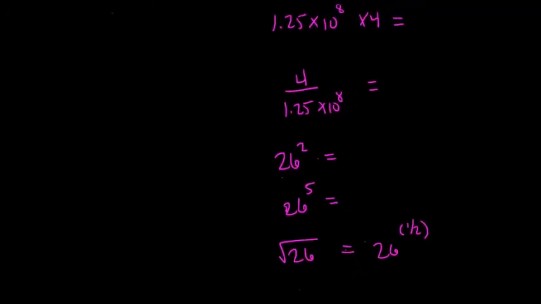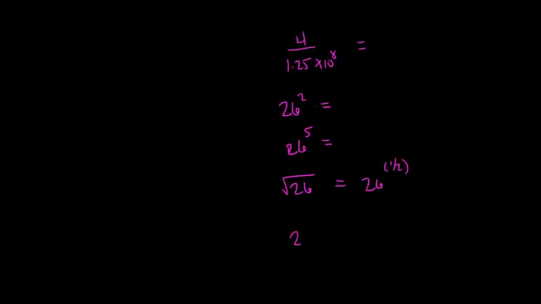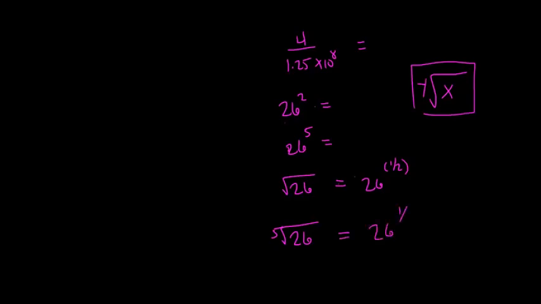Okay, let's see another example, but this time it'll be the fifth root. So if we want to figure out the fifth root of 26, okay, there's very, very few calculators that will have a button that looks like x to the power of y. But you can take advantage of the fact that the fifth root of 26 is 26 to the 1/5 power. Okay? Whatever this value is, it's the denominator in your fraction in the exponent.